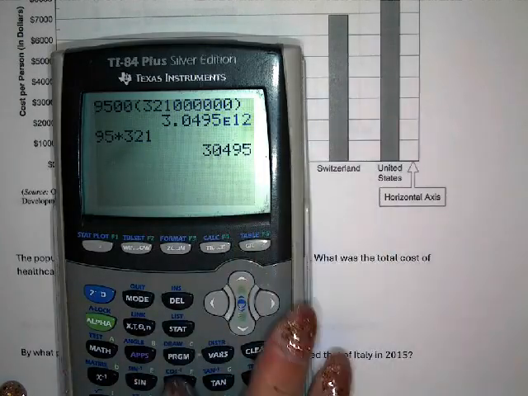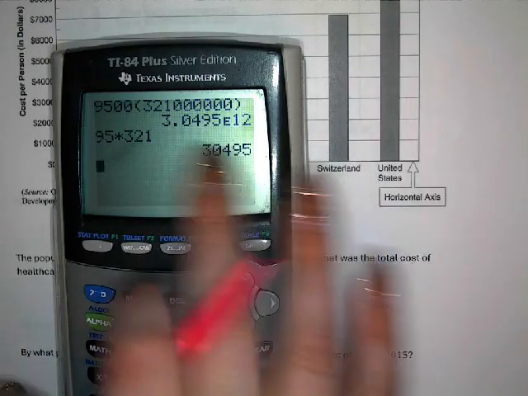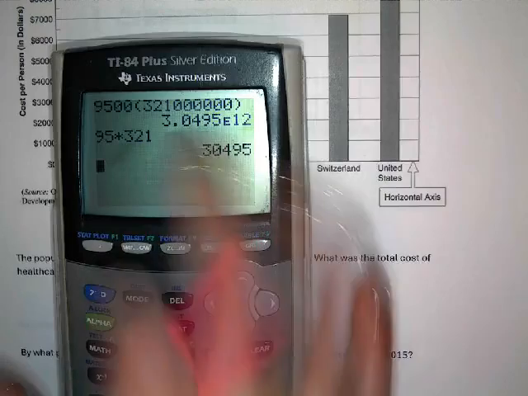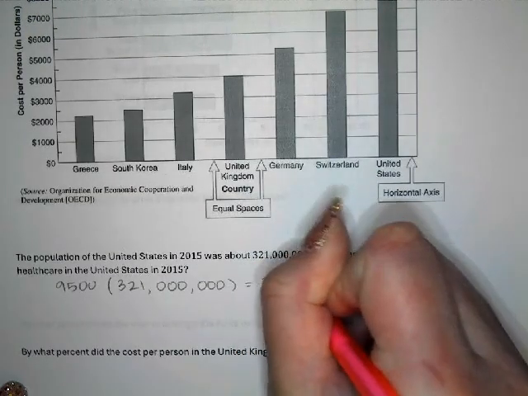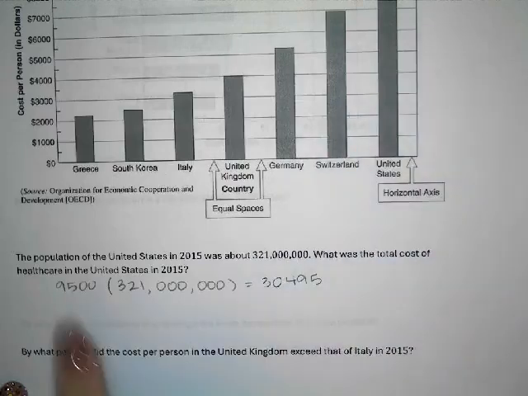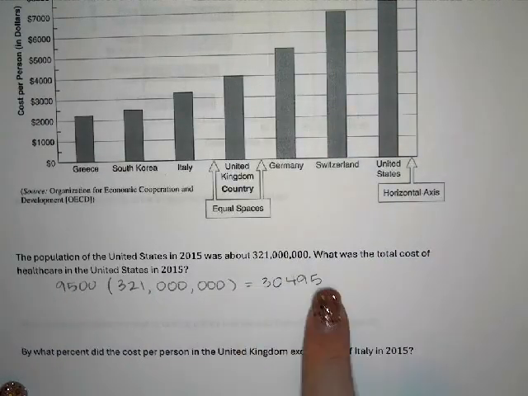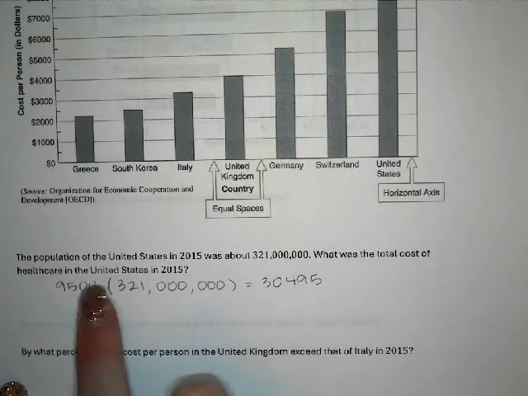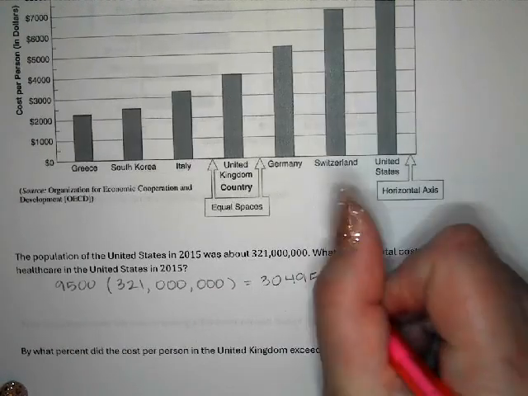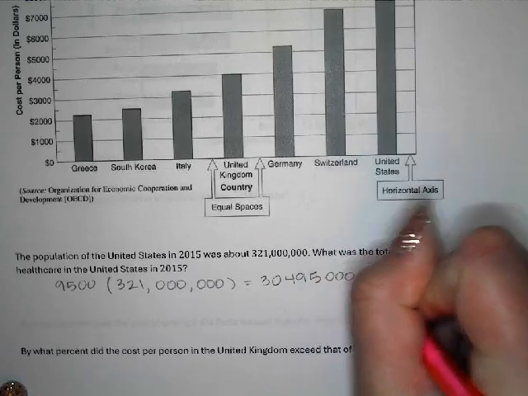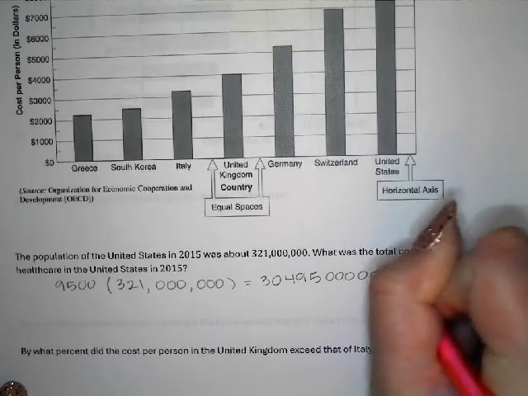I'm just going to write this down, 30495, and you can see those digits there. Then I'm going to count the number of zeros and just stick them on the end. So 1, 2, 3, 4, 5, 6, 7, 8.